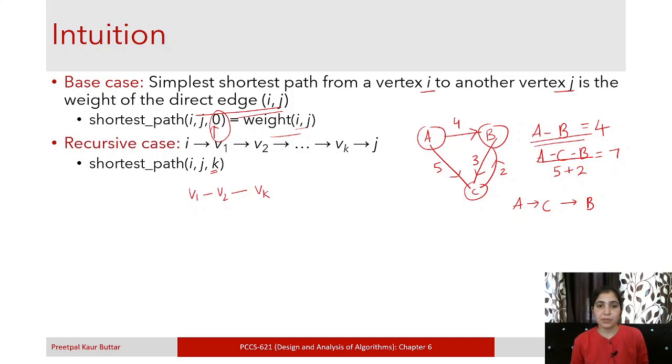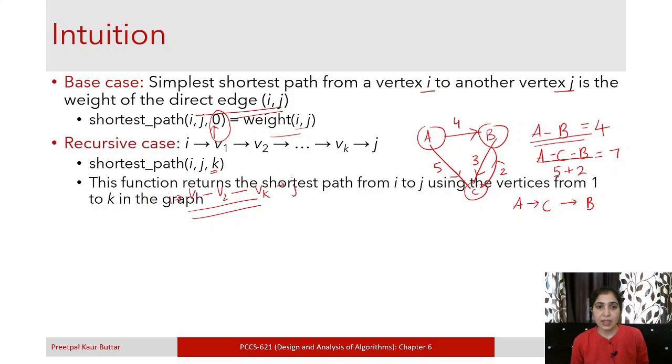Okay, so if we go from I to j through these intermediate vertices, then what is our shortest path?